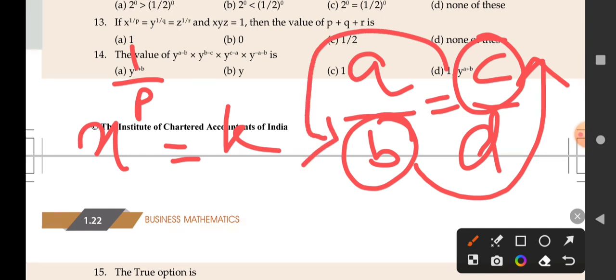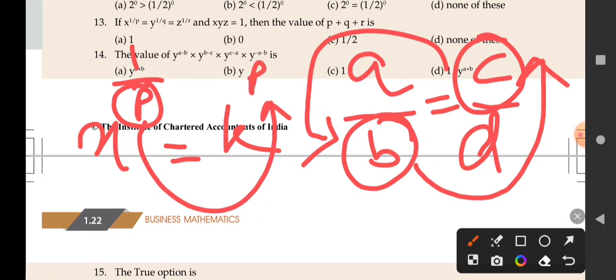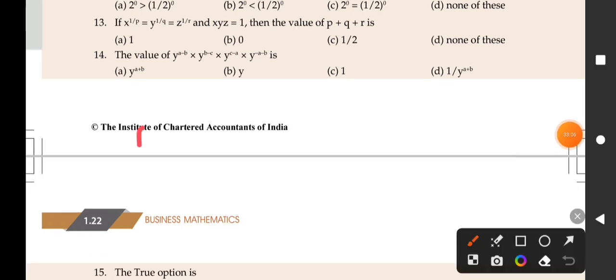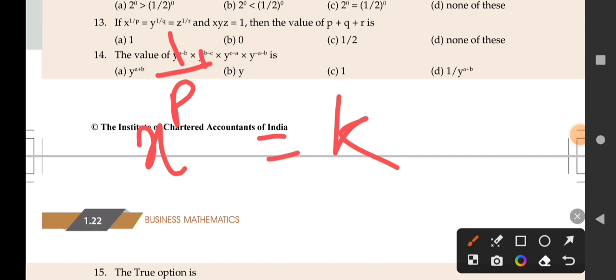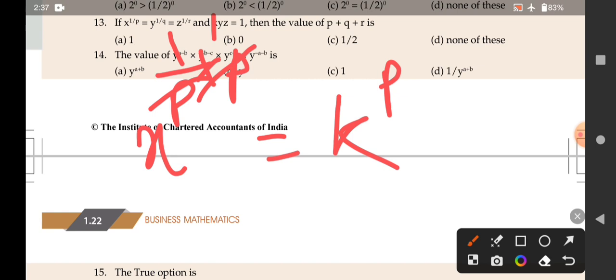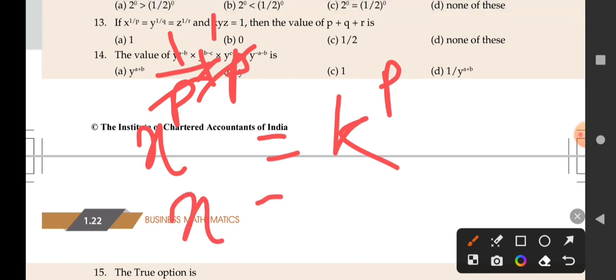Same way p is going to multiply in the power. So x power 1 by p is equal to k. We are going to multiply p in the power. Here p and p cancel, and x is equal to k power p.